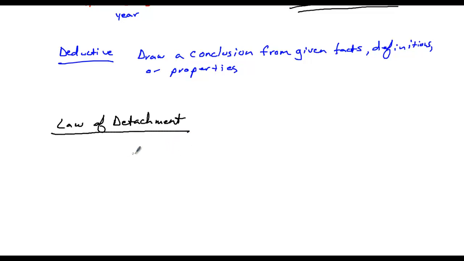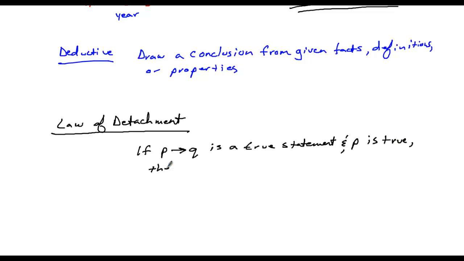And it says that if P implies Q is a true statement, and P is true, then Q is also true.